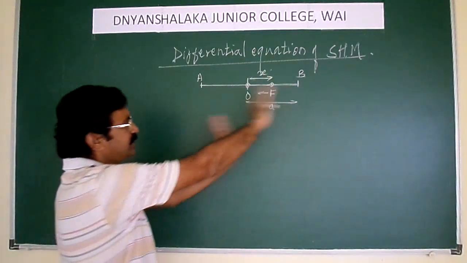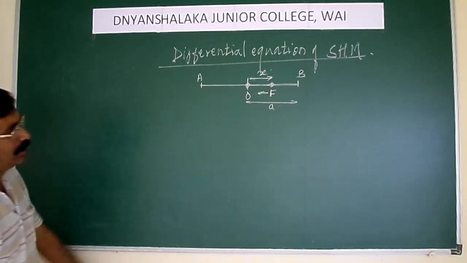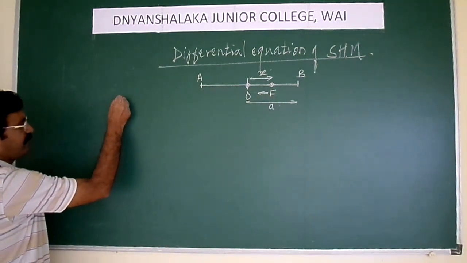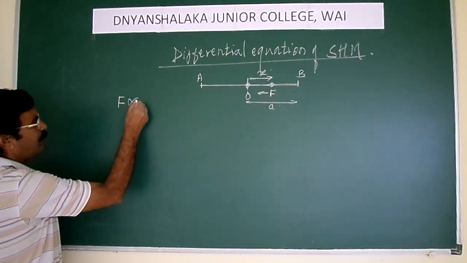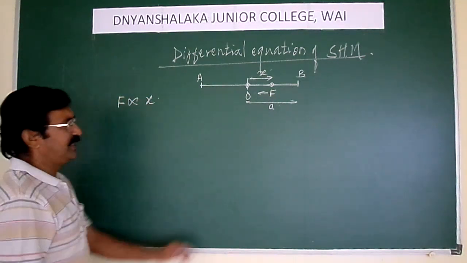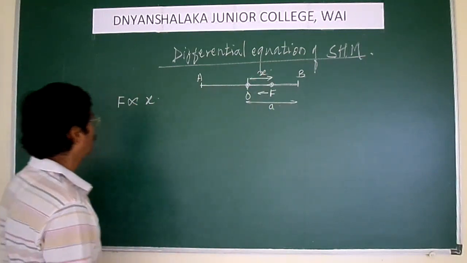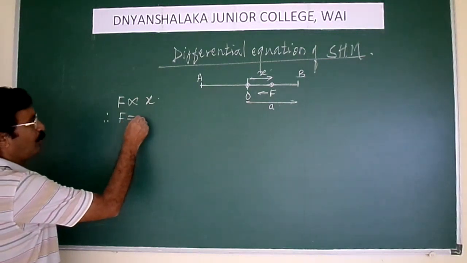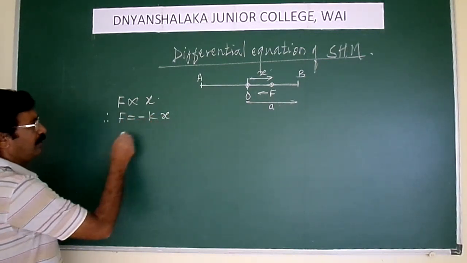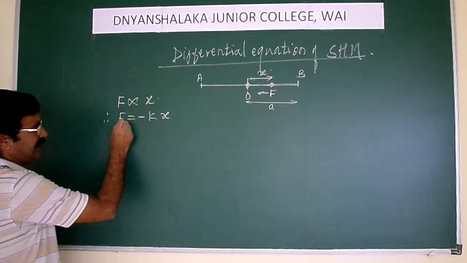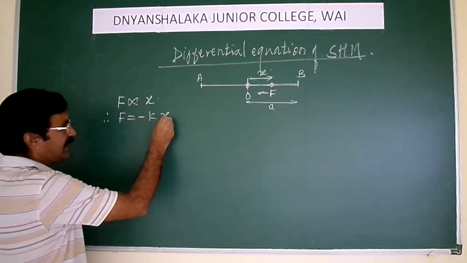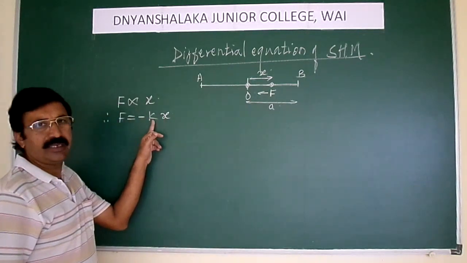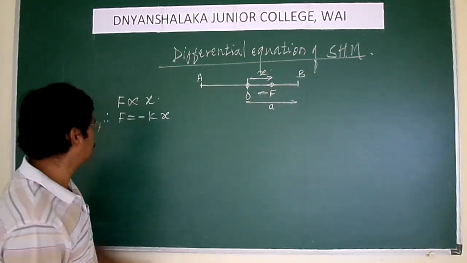The particle is moving towards B. In this case, force F is directly proportional to displacement x. Therefore, F is equal to minus kx. The negative sign indicates that force and displacement are in opposite directions. k is the force constant.